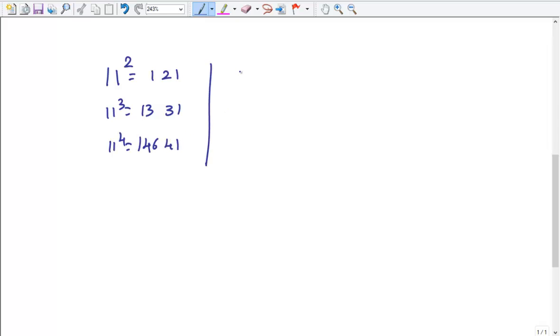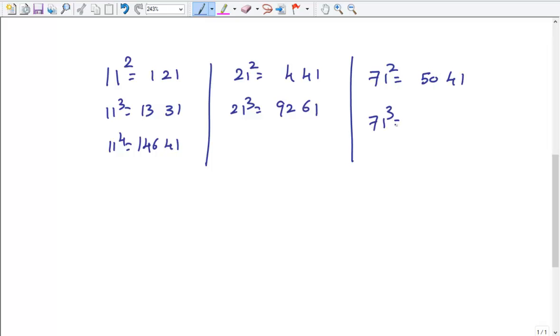Or if I have to take, let's say, 21 square, that is 441, 21 cube is 9261. Or 71 square, that's very easy, 5041. If you ask me to find 71 cube, that's a number ending with 11. Or let's take 91 square: a number ending with 81. 91 cube is a number ending with 71.